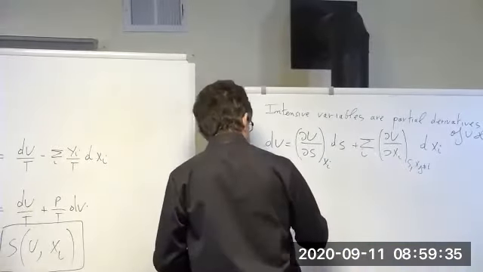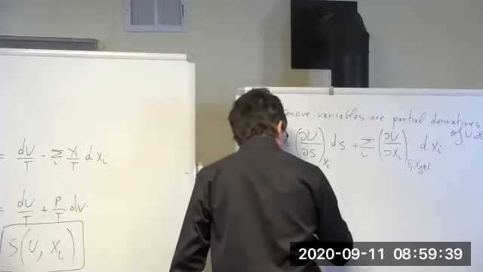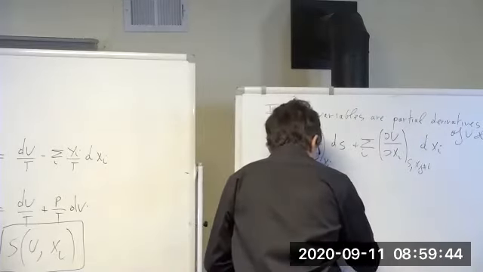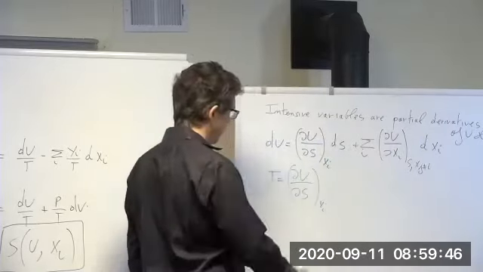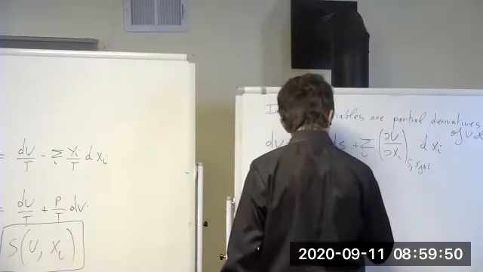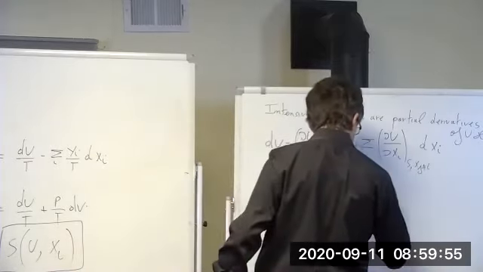So what that means is that T has to equal the first partial of U with respect to S at constant Xi. And since U is a function of all the extensive variables, that means that T is some function of all the extensive variables as well, right?